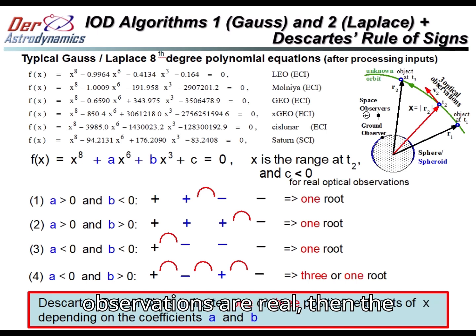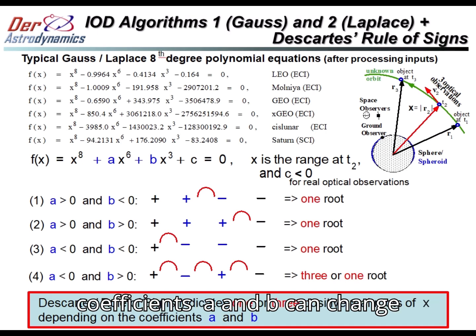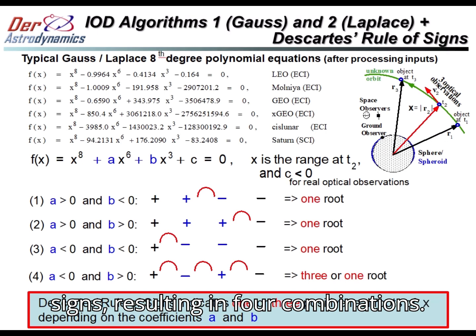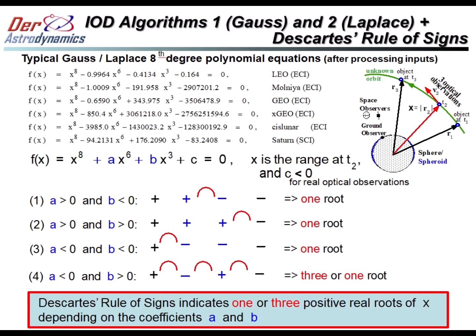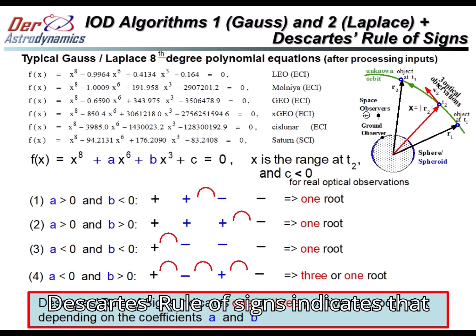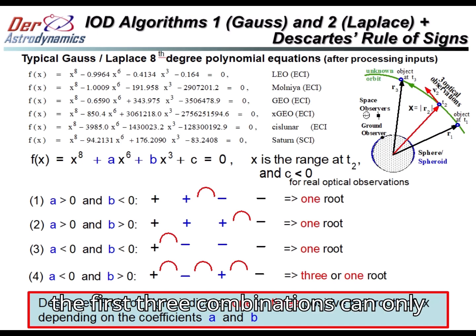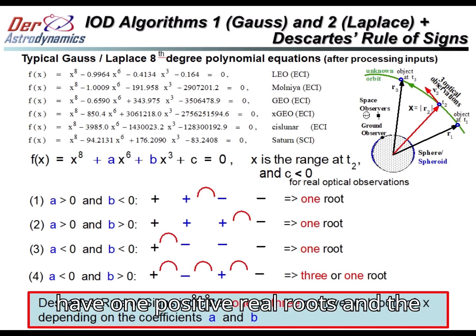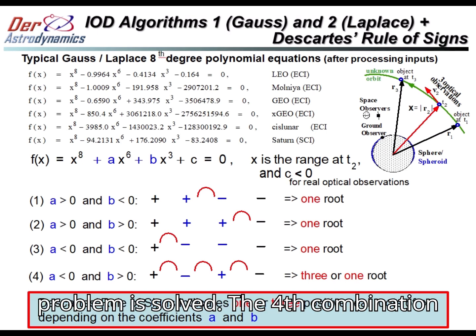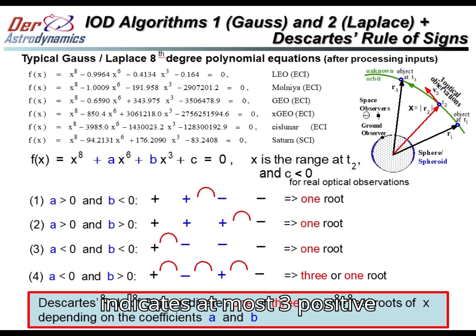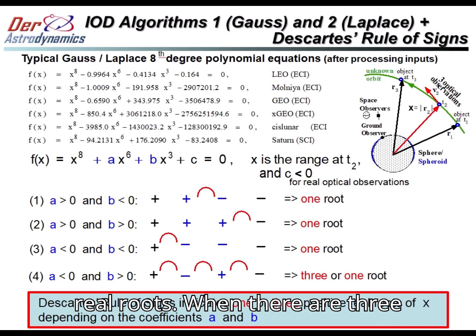If the observations are real, then the coefficient C is always negative, and only the coefficients A and B can change signs, resulting in 4 combinations. Descartes' rule of signs indicates that the first 3 combinations can only have 1 positive real root, and the problem is solved. The 4th combination indicates at most 3 positive real roots.